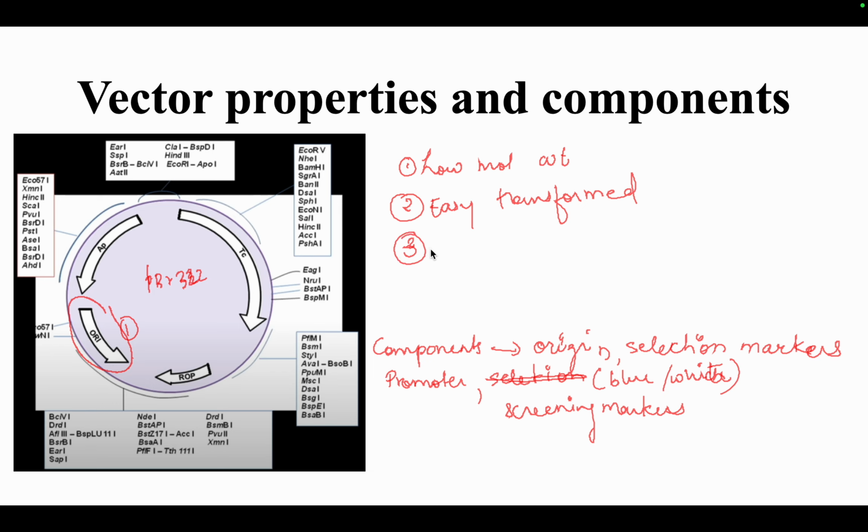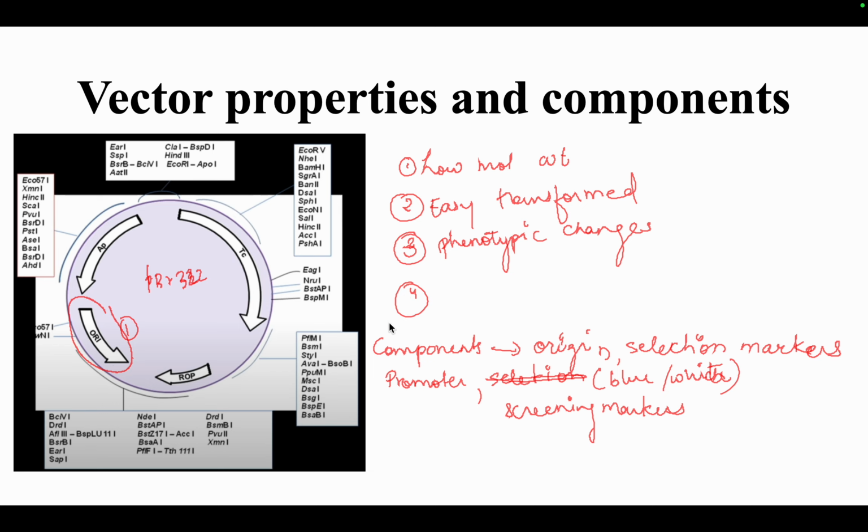And the third property is we need to see some phenotypic changes, like some color changes after successful vector insertion. We should see some color changes or some properties like ampicillin resistance or tetracycline resistance by these selection markers and screening markers.